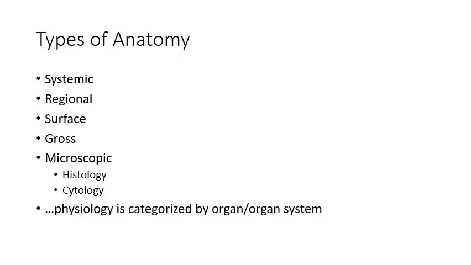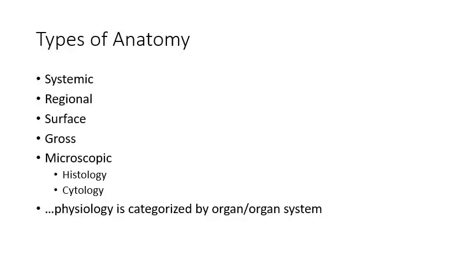You can also have regional anatomy, that's the anatomy of different parts of the body, including whatever organ systems are within them. You also have surface anatomy, which is the anatomy of the surface of the body. You have gross anatomy, which is the anatomy of structures that can be seen with the eye. Then you have microscopic anatomy, which is the structure of things that can only be seen with a microscope.